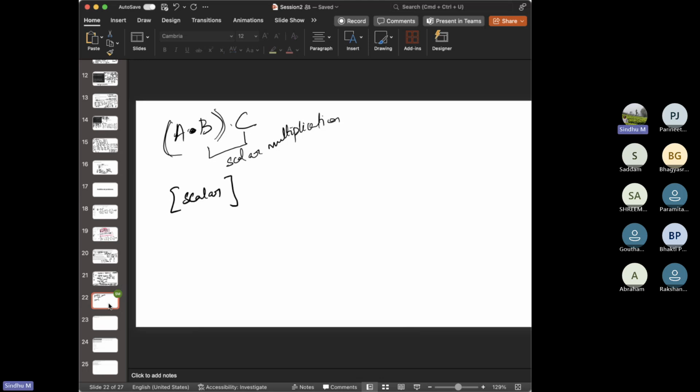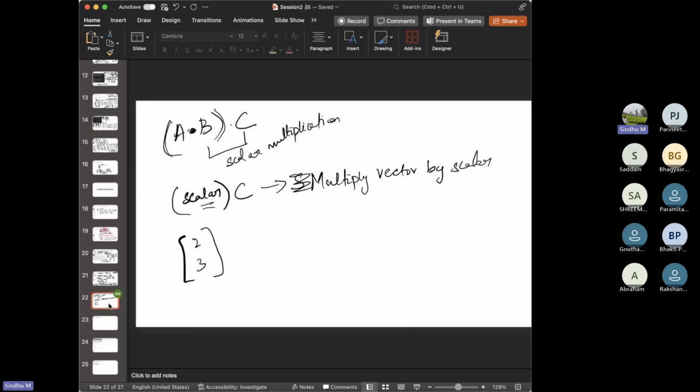And C is a vector. So we are multiplying a vector by a scalar. This is allowed in matrices because it's just a scalar multiplication. For example, if you have a vector C as 2, 3, and you want to multiply it by a scalar, for example 2, then you just have to multiply all the values here.